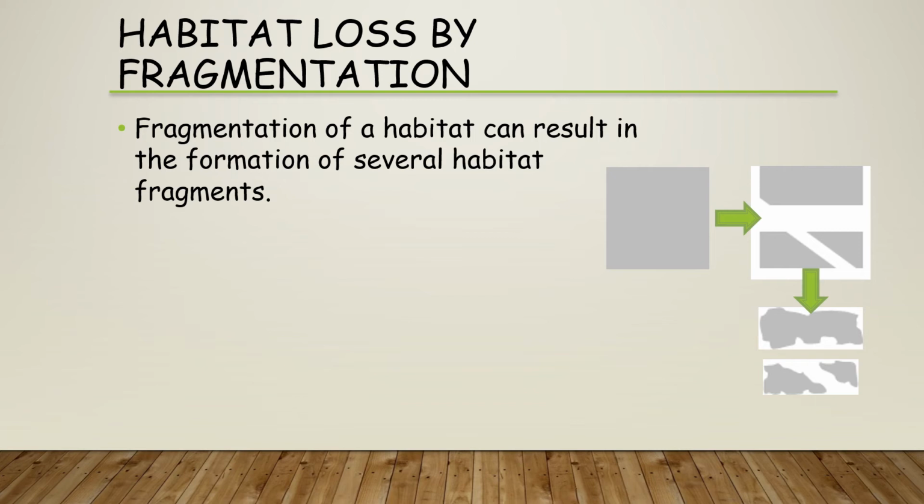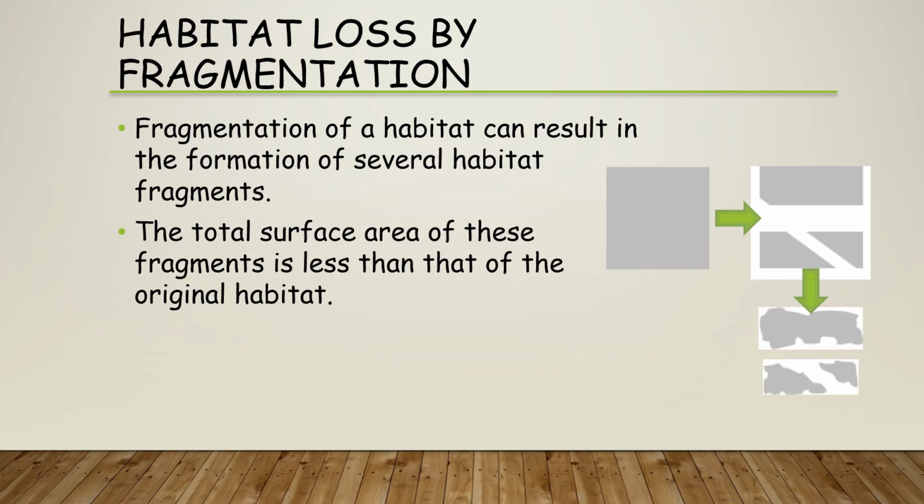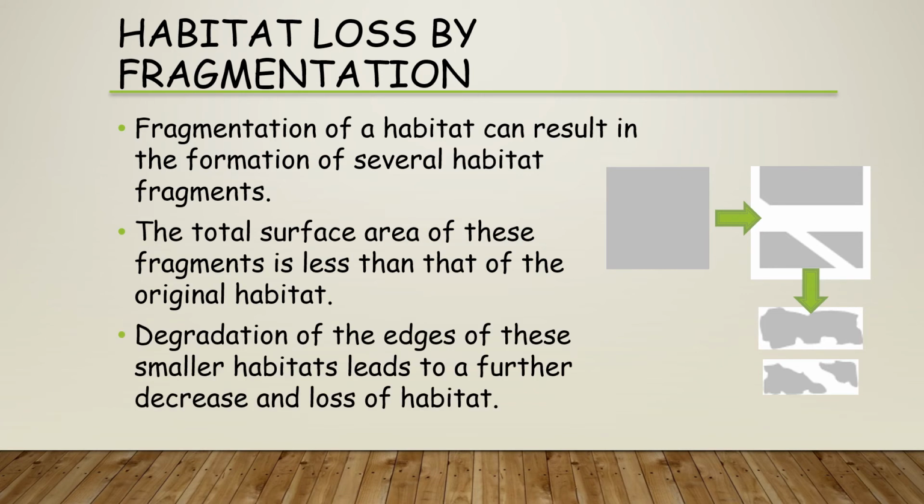So you can see on our right hand side we've got a grey box which represents habitat, which is then split into two, and as you can see it's then further degraded around the edges. So the total surface area of the fragments is less than that of the original habitat, and then you get further degradation around the edges. So it obviously leads to further decrease and loss of habitat.